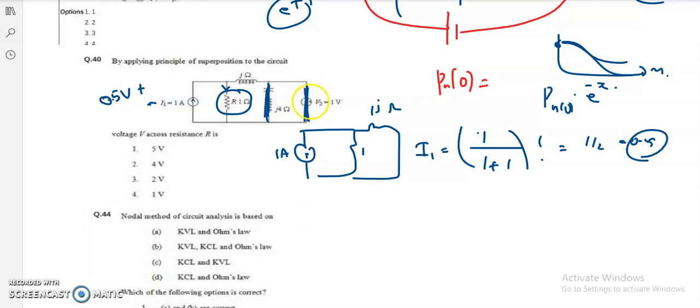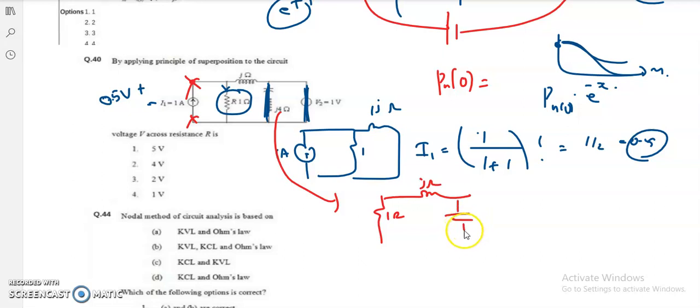Plus, now we have to find out the voltage across this R ohms due to the voltage source V2. So now what we have to do is open circuit this one, and I have to consider this voltage source. So now the equivalent circuit can be drawn as: here it is 1 ohm and inductor j ohm, and here a capacitor with inductor, so j4 ohms.